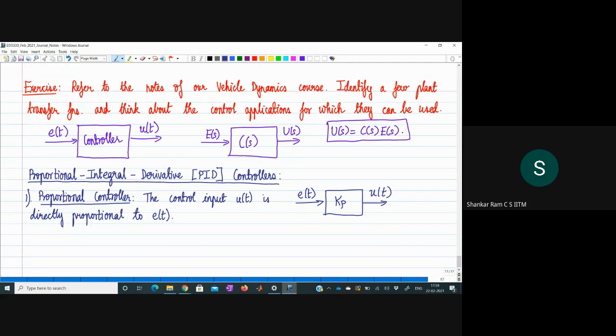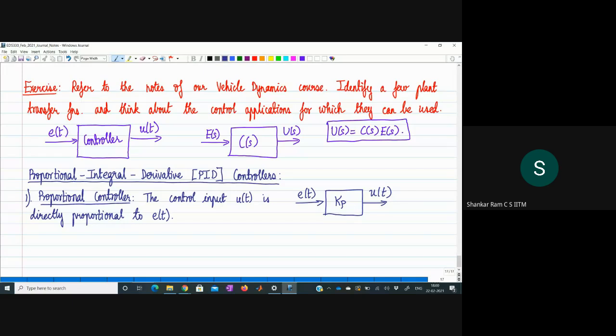I'm sorry, what is it? The control input is the, okay, there is a subtle difference. U of t is the output from the controller block, but its name is control input because U of t is the input to the system, right? And when the controller calculates the input, it's called control input. Good observation. So let me clarify. As a friend pointed out, should it be control output?